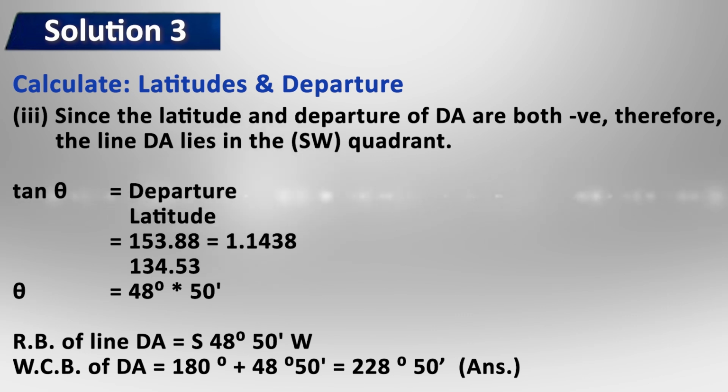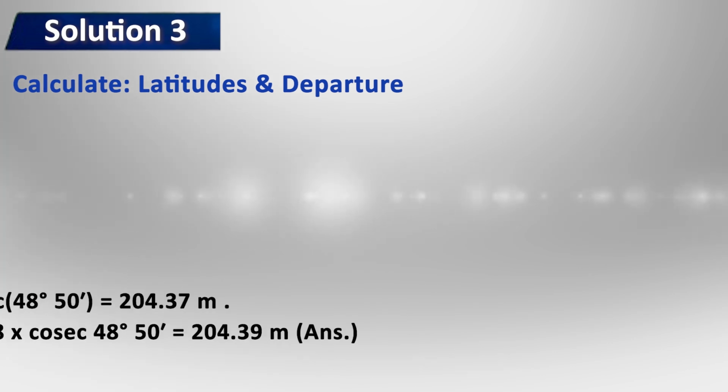So the quadrantal or reduced bearing value of the line DA would be S 48 degree 50 minutes W. Converting this value into whole circle value, since it is in the southwest quadrant, we'll add 180 to it. So the whole circle bearing would be 180 plus 48 degree 50 minutes, which is equal to 228 degree 50 minutes.